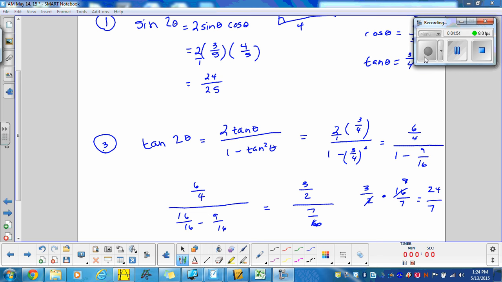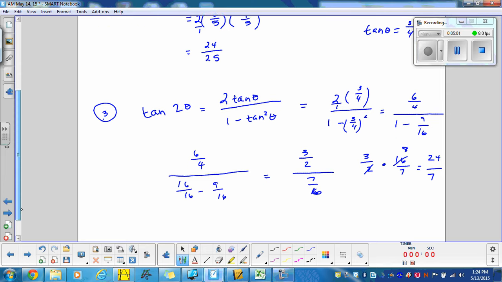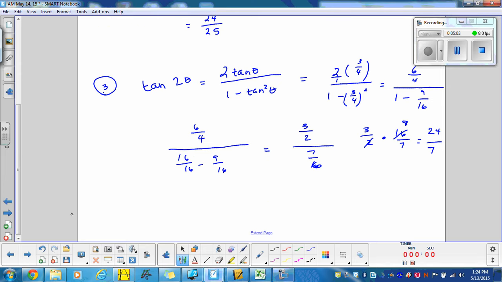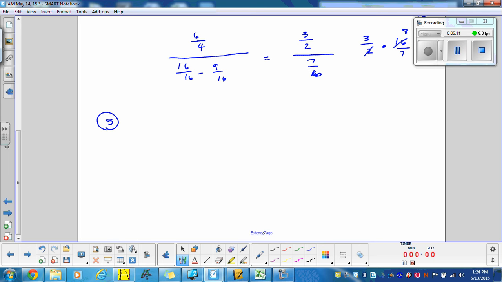You can pause the video here and do number 4 and then start it back up when you're done to copy number 5. Okay, in number 5, I'm going to change triangles this time. This triangle is alpha, and it's a little different than theta.